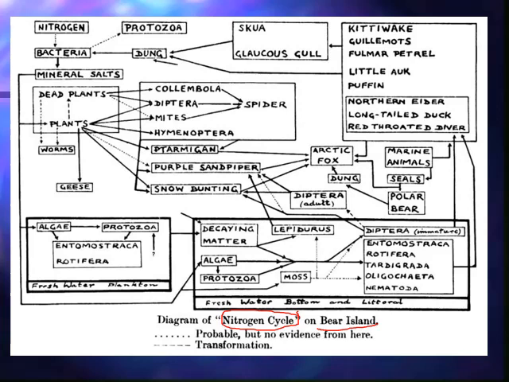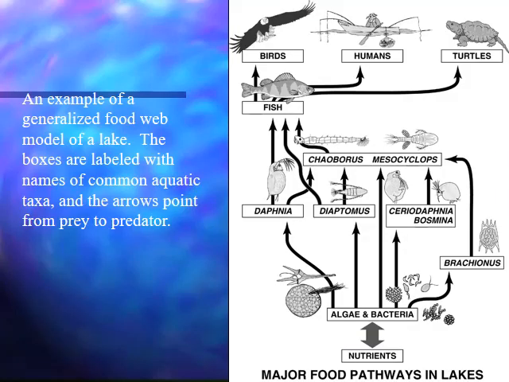So this nitrogen gets taken up and then it gets used, and then the critters eat each other. So you have a food web here. Here's another kind of food web. So this is just a generalized graphical model for what might happen.